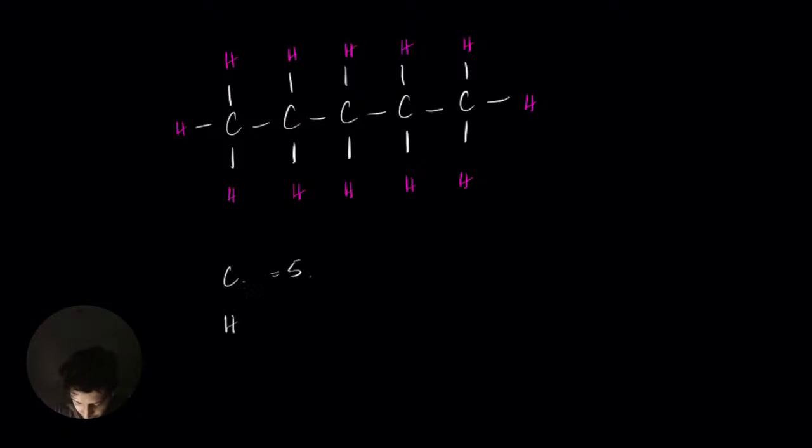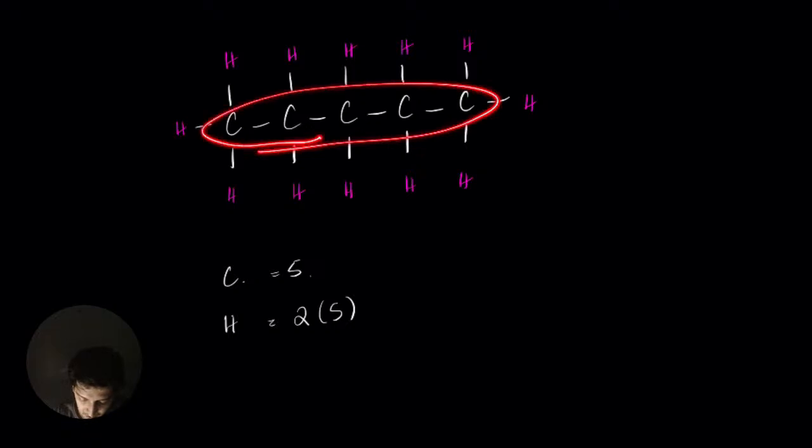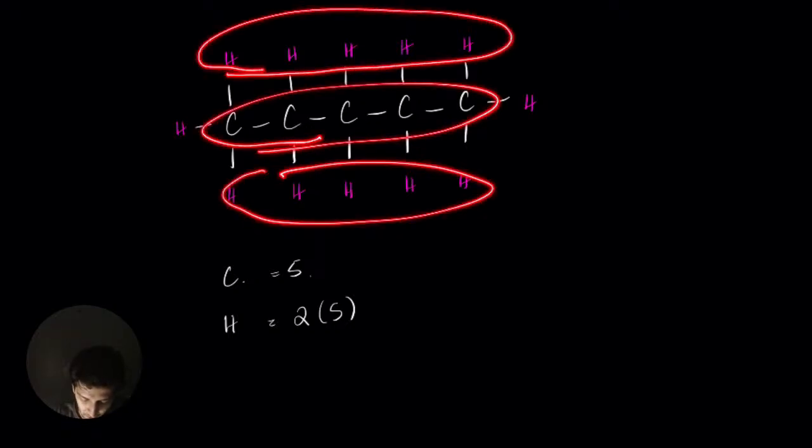How many hydrogens do I have? Again, I multiply the number 5 by 2. Why? Because if I have 5 carbons, I'll have 5 at the bottom of those carbons and 5 on top of it. So I just took the same 5 and multiplied it by 2.